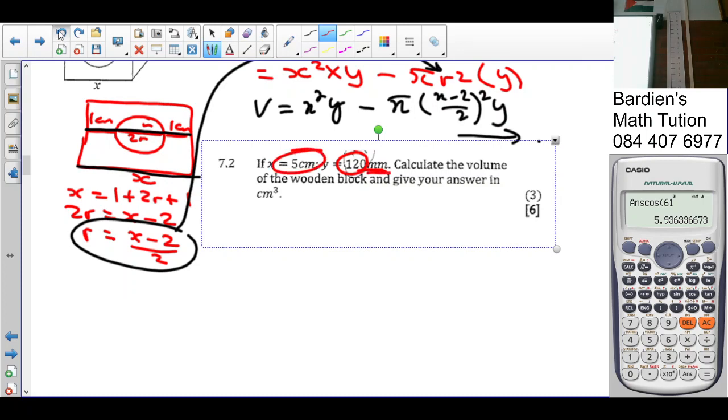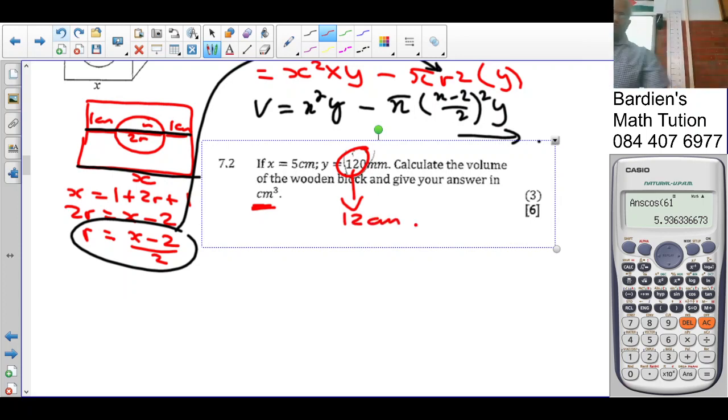But if we read on, we will know which one to convert. Calculate the volume of the wooden block and give your answer in centimeters cubed. So it's going to be safer to change that. So that is going to be 12 centimeters. Not so? Right.